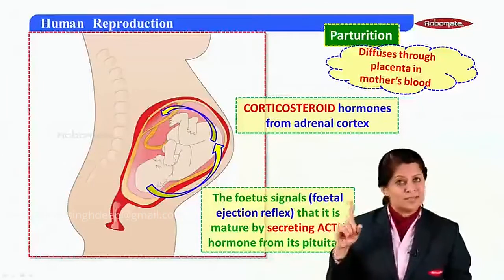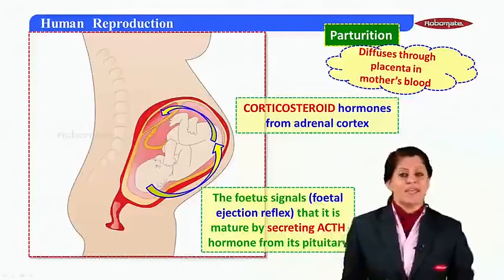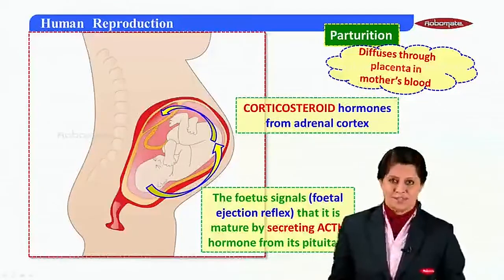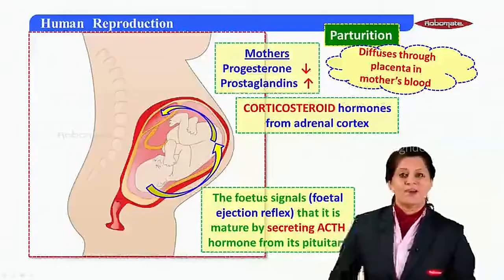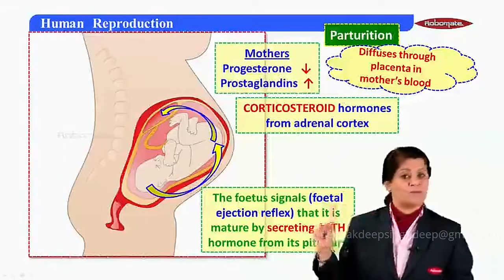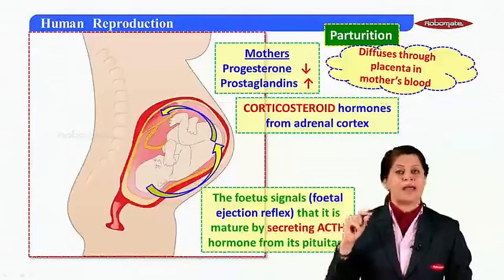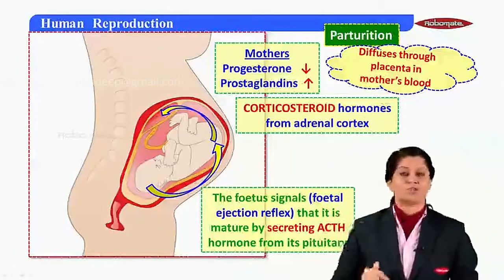So once in mother's blood, students, they do majorly 2 functions. They inhibit the release of progesterone, which was important throughout the pregnancy, but now the pregnancy is coming to an end, so progesterone goes low.